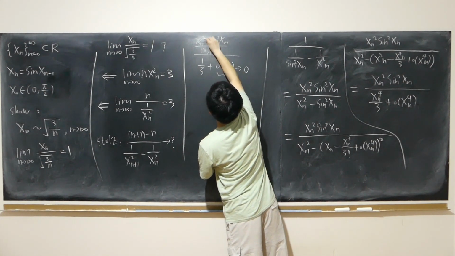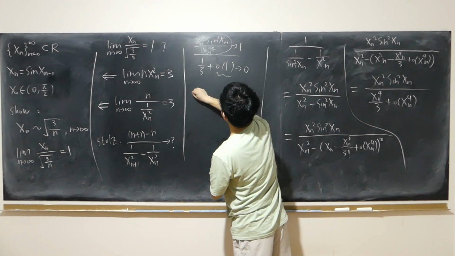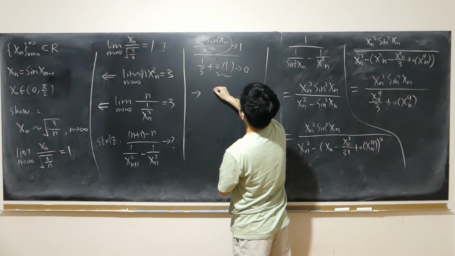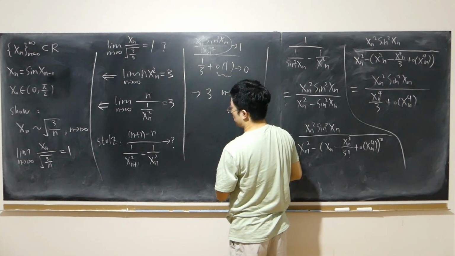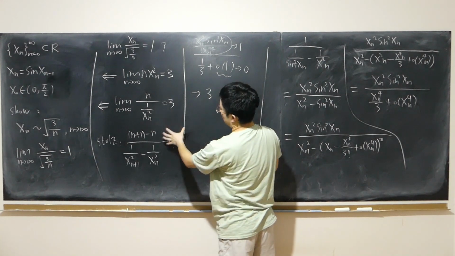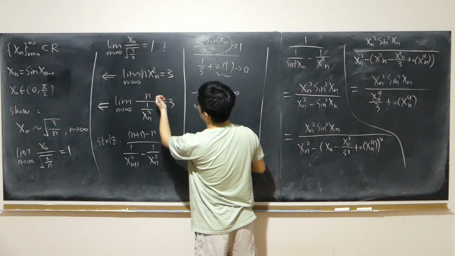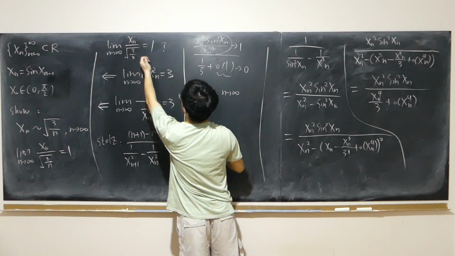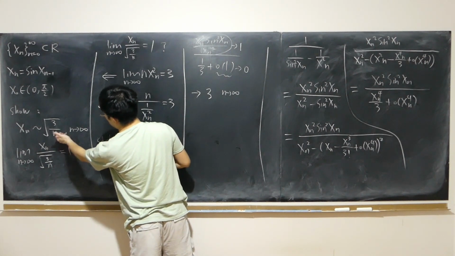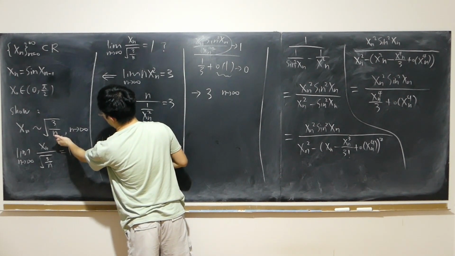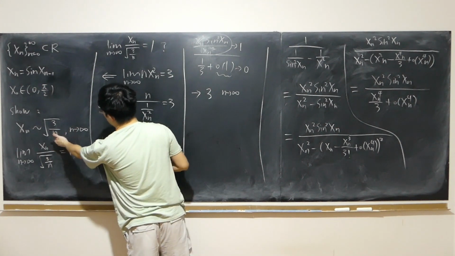So this whole term approaches 1, and the whole thing approaches 3. So this is exactly what I need. I've shown the limit of this is exactly 3, and the limit of this is exactly 1. So really, x is approaching 0 at the order of 1 over square root of n, or square root of 3 over n.